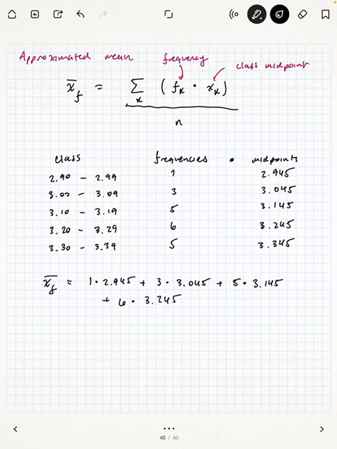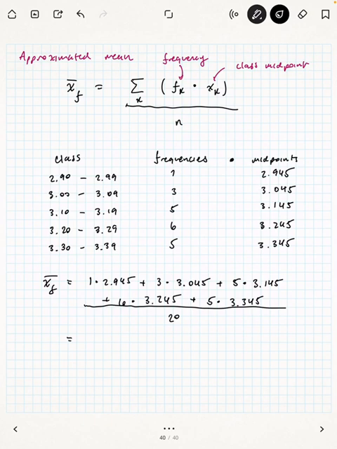The idea behind an approximated mean here, using it from a frequency distribution, is that really the important points are the midpoints. And what we're saying is each midpoint is an approximation of the actual data values, and we're multiplying that, or weighting it, according to how frequent values in that class are. And we divide that by the sample size, which is 20.